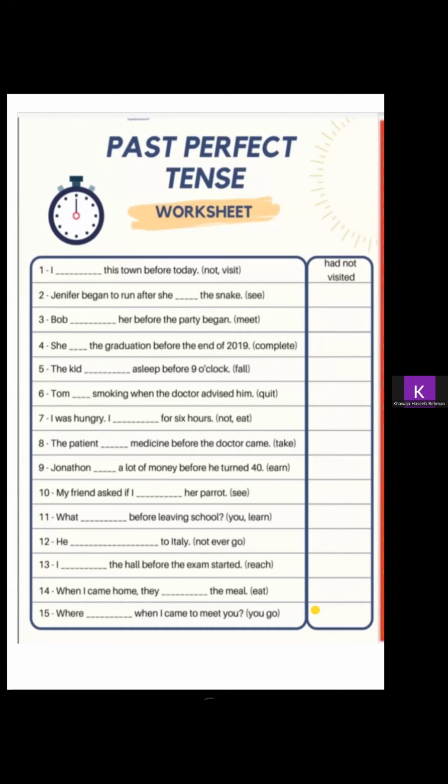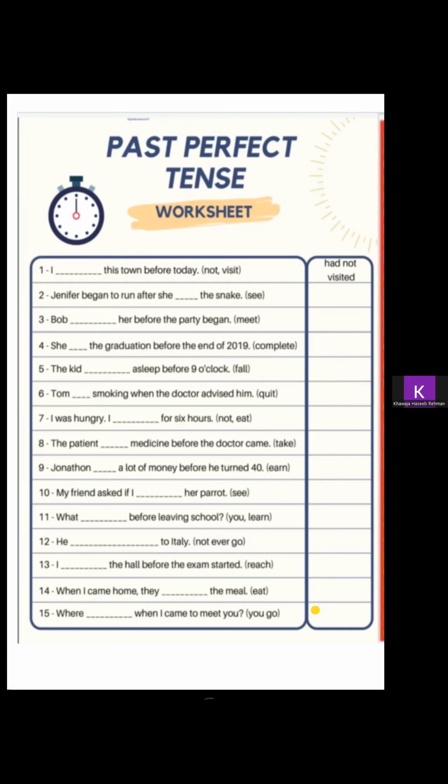Beta, you don't have to make it negative. You just have to put the helping verb and use the third form of complete.